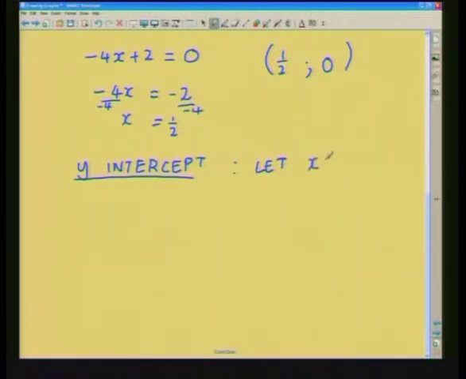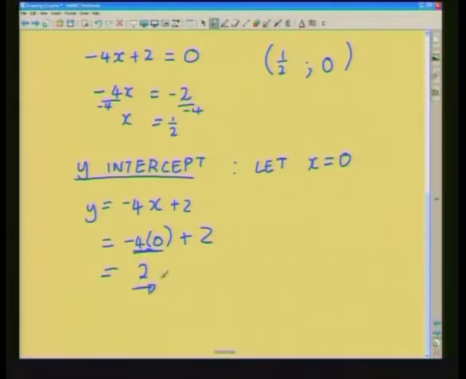So it's the point where x has a value of 0. So all I do is I take y is equal to minus 4x plus 2, and in place of x, I put a value of 0. So that means the first part of this is going to disappear, because anything times 0 is just 0, and my answer is going to be 2.